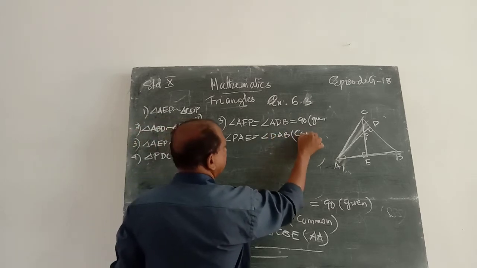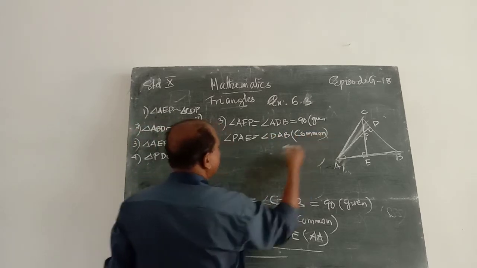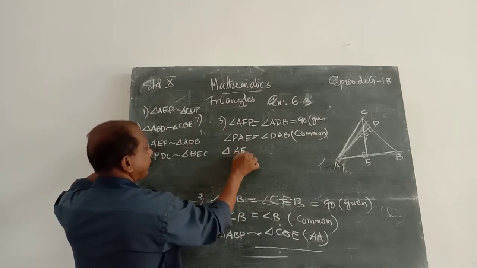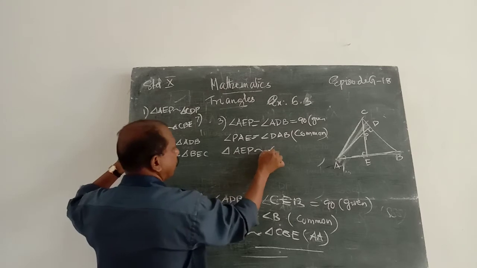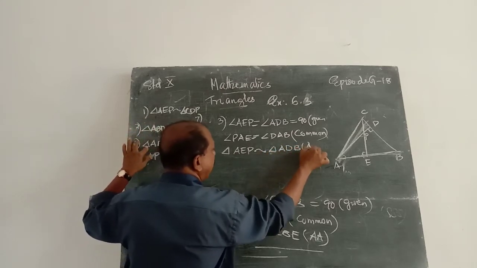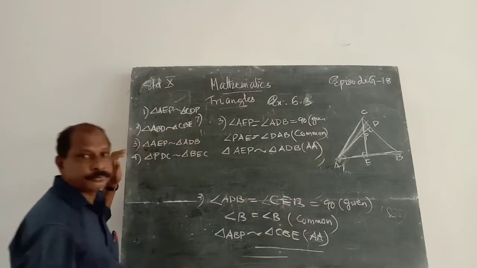That is common. Therefore, triangle AEP is similar to triangle ADB. That is angle criteria of similarity.